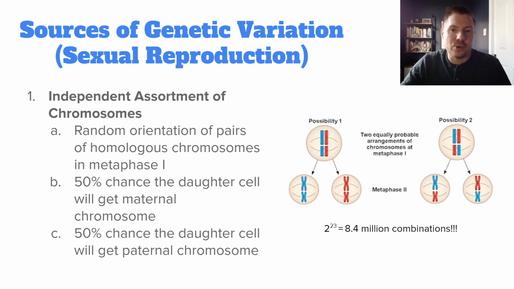No. So chromosome 1, the way it lines up, has no effect on chromosome 2 or 3 or 4. So you have this random assortment of chromosomes, which creates a huge number of possible combinations. Because you have 23 chromosomes and there's 2 options for each, that's 8.4 million combinations just based on independent assortment without even crossing over in there.